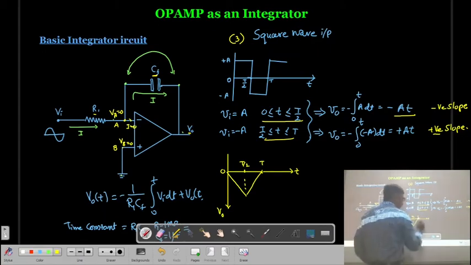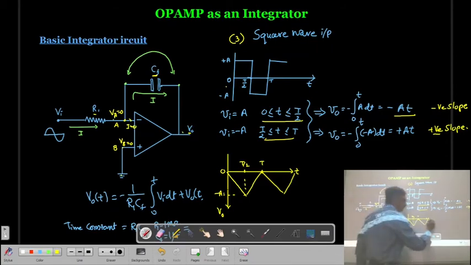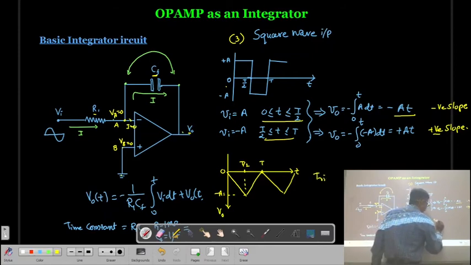Again, in the second cycle, output voltage will decrease and then increase. So at the input, if we apply a square wave, then the output is a triangle wave.